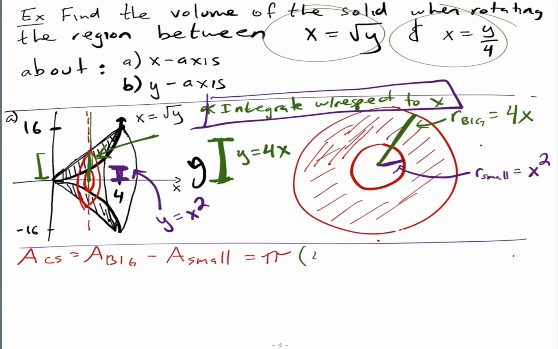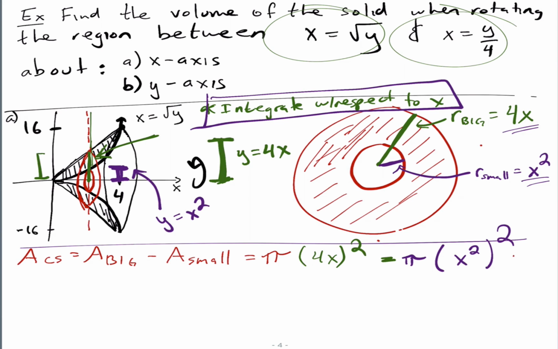Pi times 4x quantity squared, right? Minus area of the small, what is that? Pi times x squared squared, right? Where did the 4x and the x squared come from? From the big and small radius that I found earlier, right?